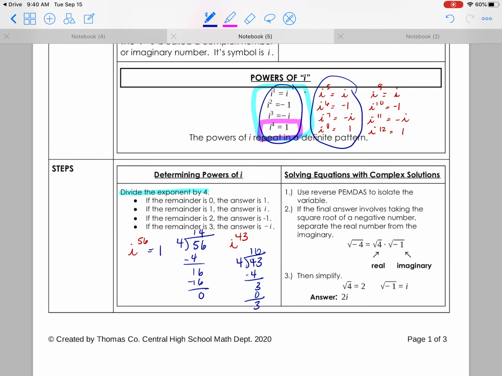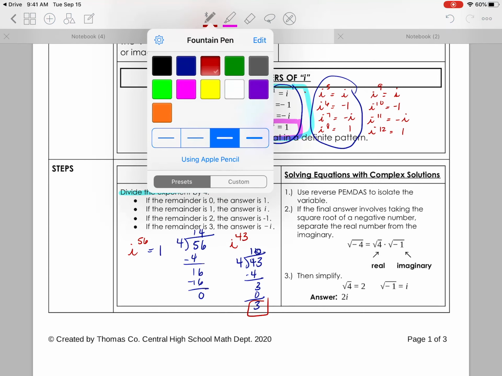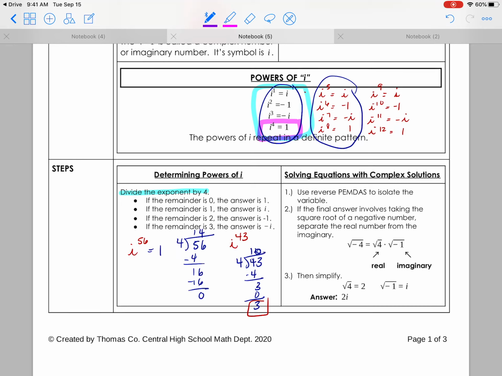So my remainder is 3. The 10 on top has nothing to do with it. I look at my remainder. My remainder is 3. Since my remainder was 3, I'm going to come back up here to my pattern to i to the third. And i to the third was negative i. So that equals negative i.